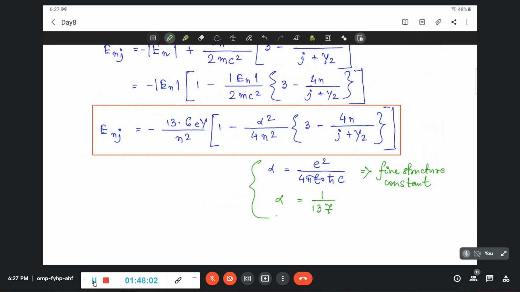So you learn two things. If you include this fine structure, the thing you encountered previously was that your expression for energy depends only on n, and it was discussed earlier why it depends on n and not l and m, as you introduced while solving the Schrodinger equation.